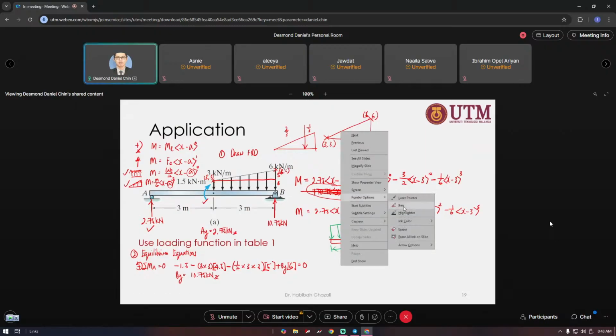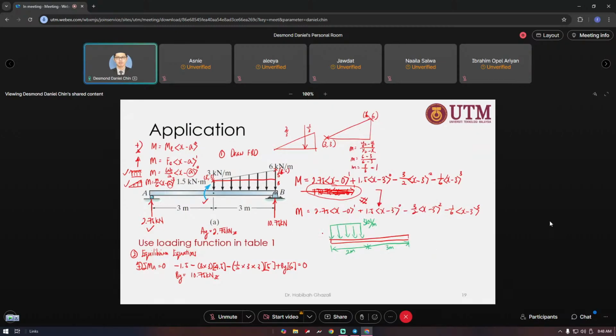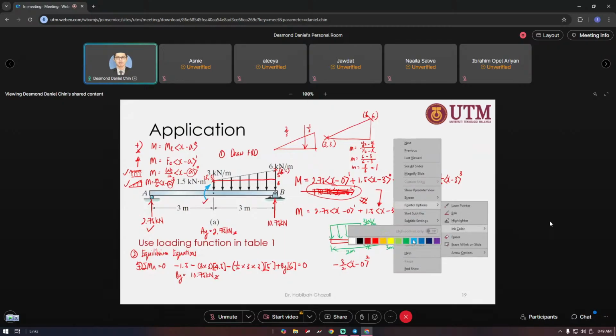So if you want to apply your Macaulay's function, obviously this is pointing downward, isn't it? So it should be negative 3 over 2 x minus 0 squared. Do you agree? Yes. However, if you apply this Macaulay's function, it will treat this entire loading as beginning from the starting point until the end.